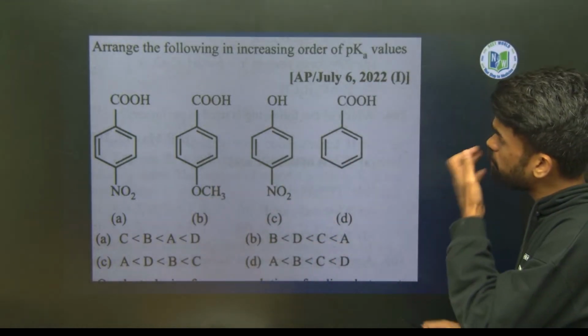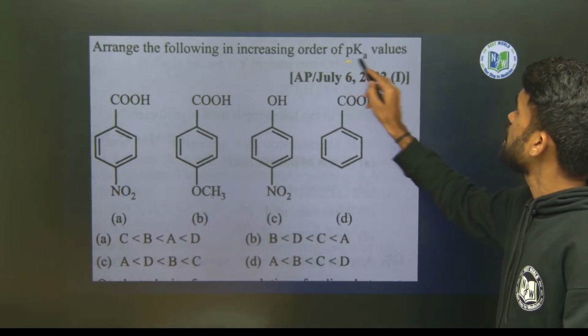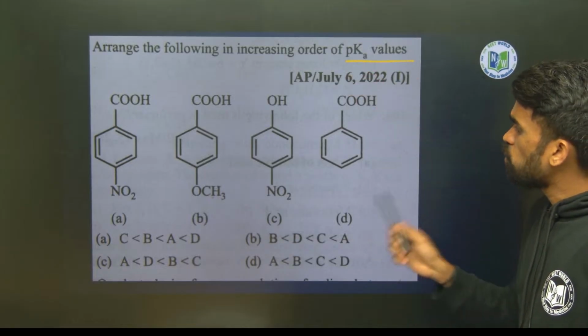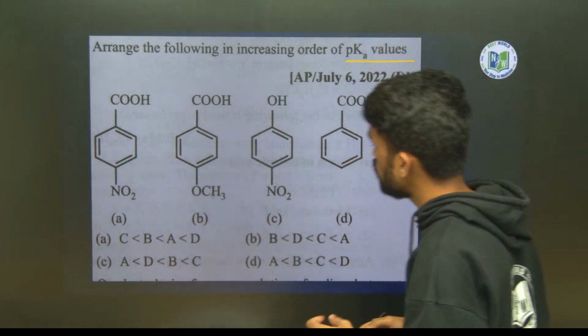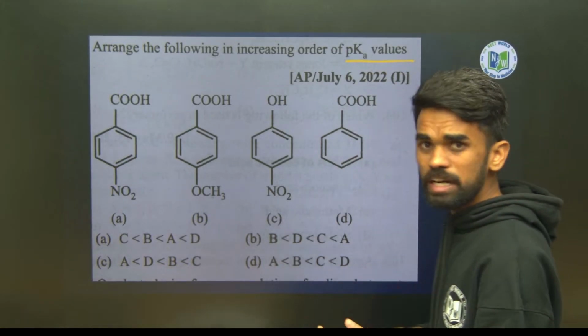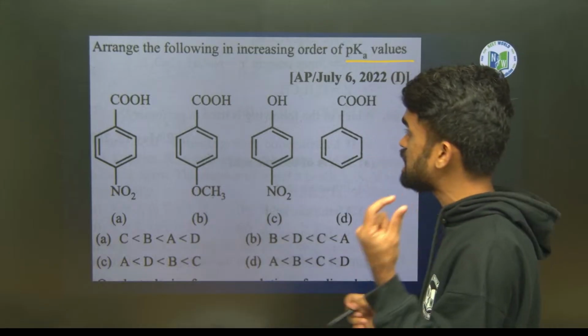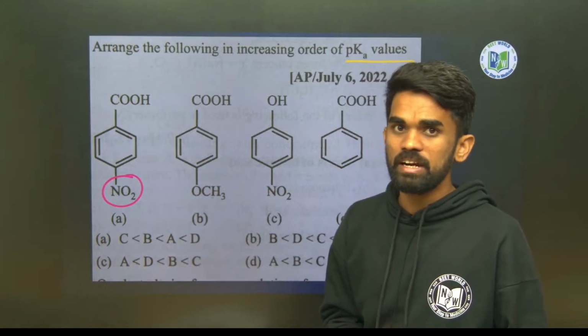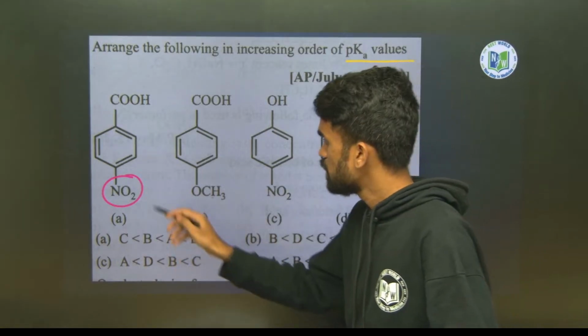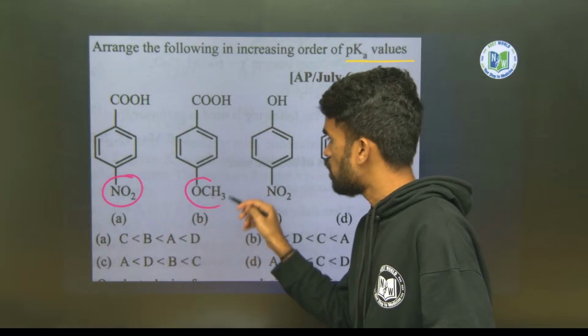Look at this: arrange the following in the increasing order of pKa values. There are 4 options, and you need to give the order of pKa. How do you know the pKa values here? No need of knowing pKa values, but you know the acidic nature, so based on the concept of mesomeric effect and inductive effect, you can solve this. We have nitro and methoxy groups.